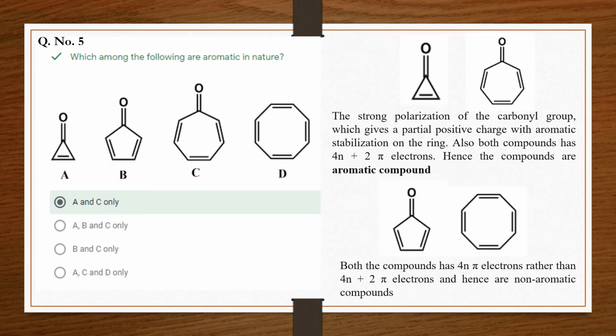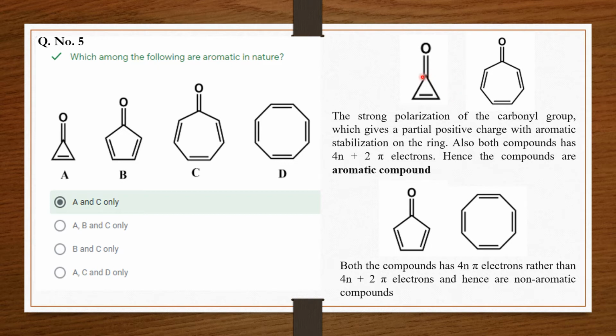The next question is, which among the following are aromatic in nature? We have cyclopropanone, cyclopentadienone, cycloheptatrienone, and cyclooctatetraene. Out of these, options A and C are aromatic in nature. Let's discuss this answer. In the case of cyclopropanone, it is planar in nature because all the carbons are sp2 hybridized.